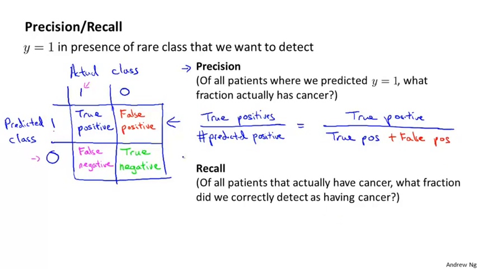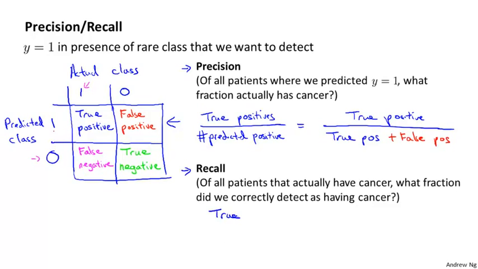The second number we're going to compute is called recall. What recall says is, of all the patients in, let's say, the test set or the cross-validation set, that actually have cancer, what fraction of them did we correctly detect as having cancer? So if all the patients have cancer, how many of them did we actually go to and correctly tell them that we think they need treatment?